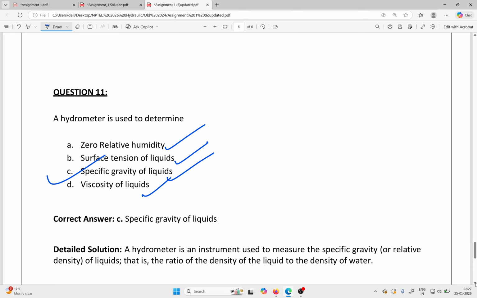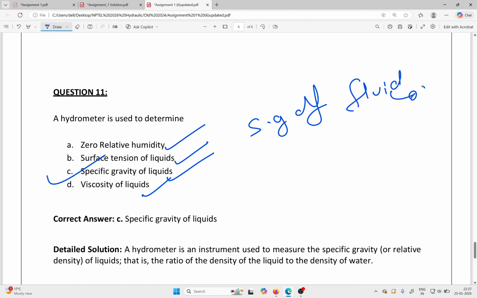A hydrometer is an instrument used to measure specific gravity or relative density of liquids, that is the ratio of density of the liquid to the density of water. Sometimes you might be confused with the specific gravity of the fluid.